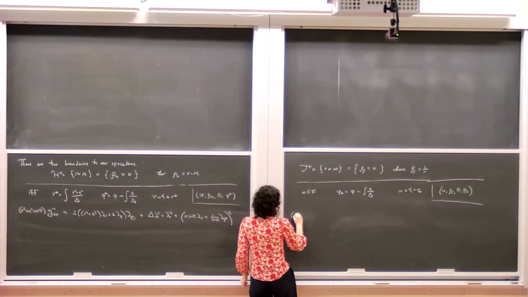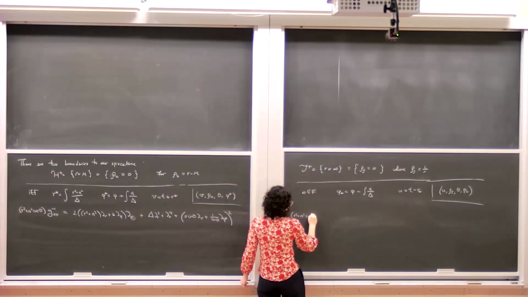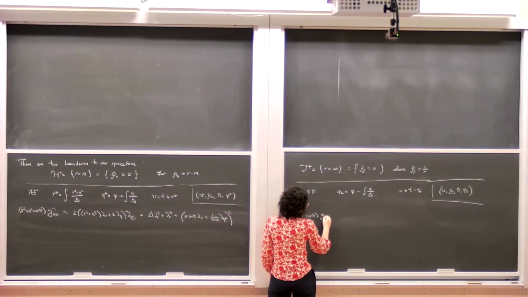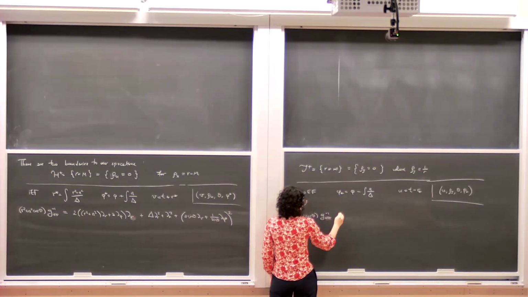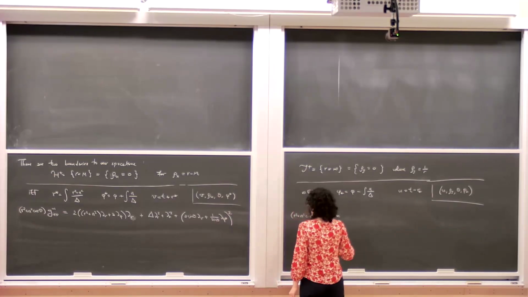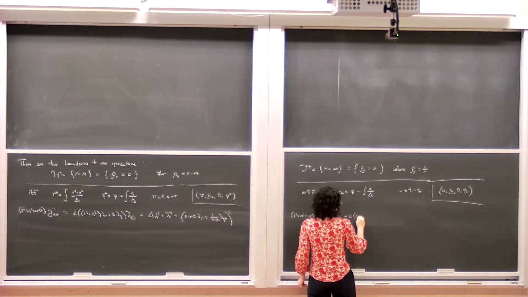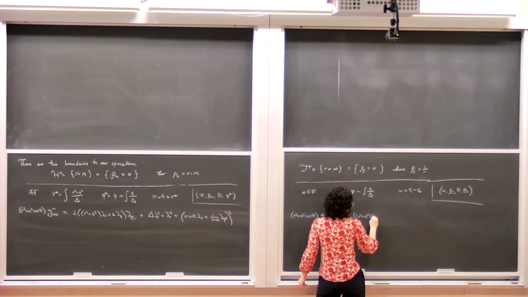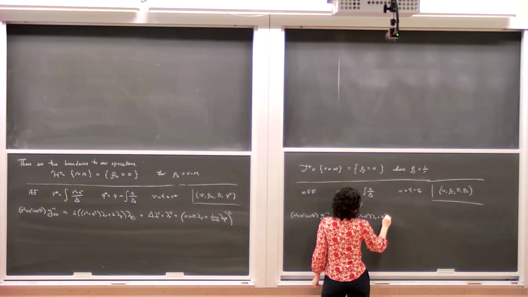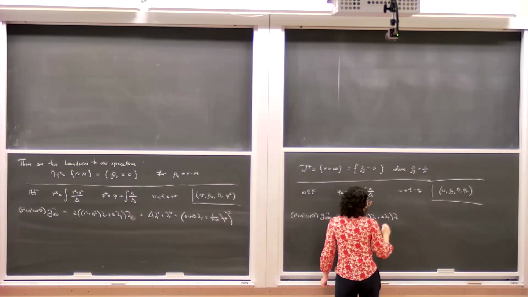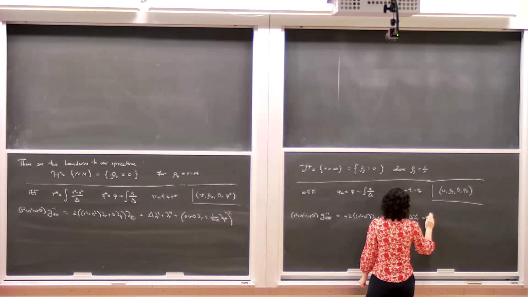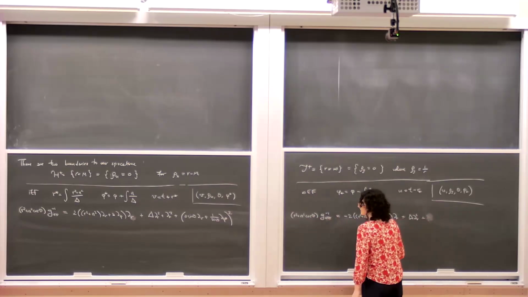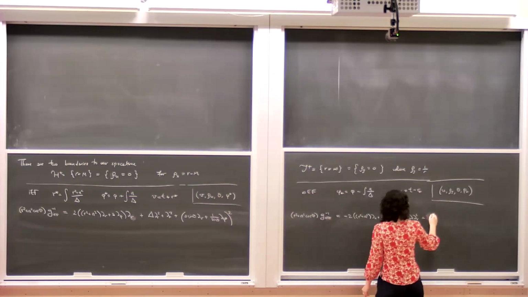And now in outgoing Eddington-Finkelstein, it's the same with the minus sign in the first piece. So it's the u, the r, and then also there is a delta ∂_r squared plus ∂_theta.